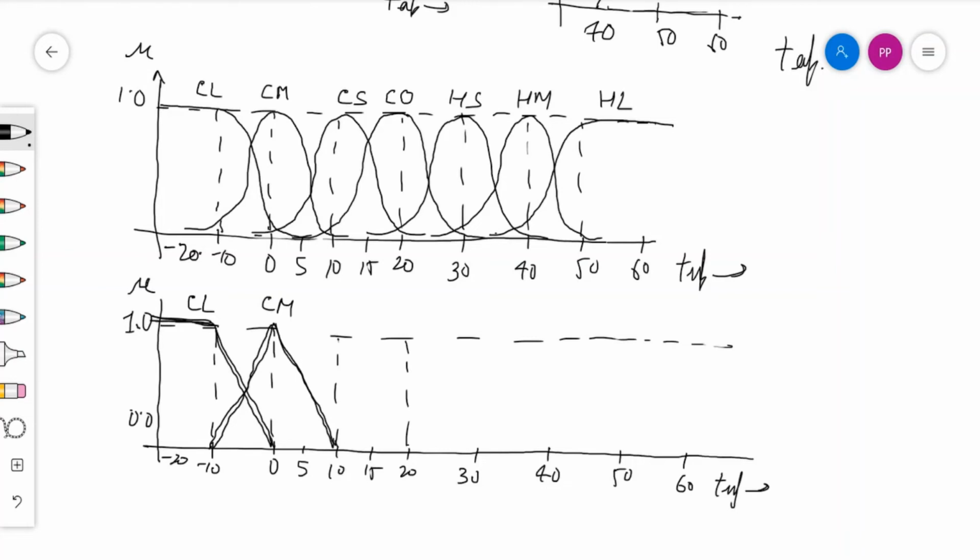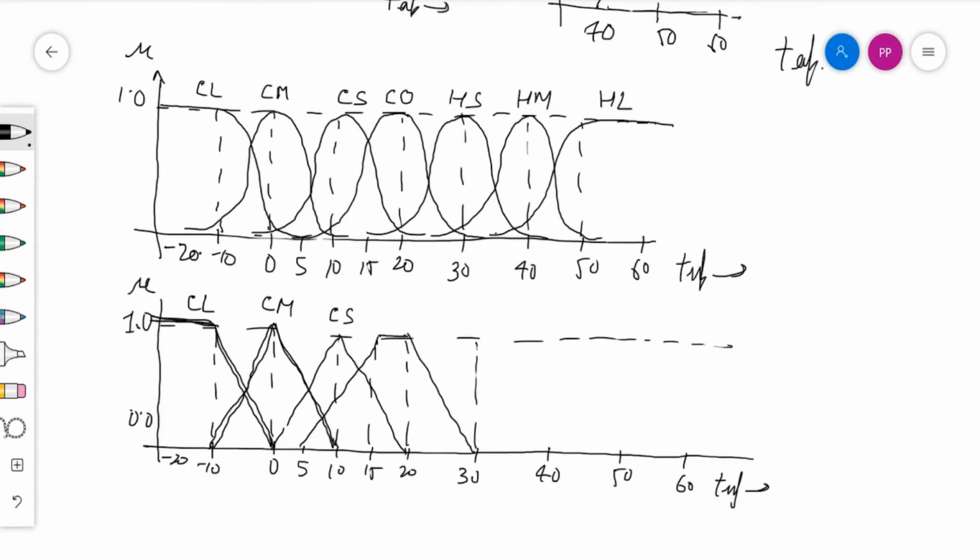I can draw it like this, then this. So this is your cold small. Then we have from 5 to 30. From 5 to 15 we go to the peak like this, then flat up to 20 degrees Celsius, then we will come down to 30 like this.